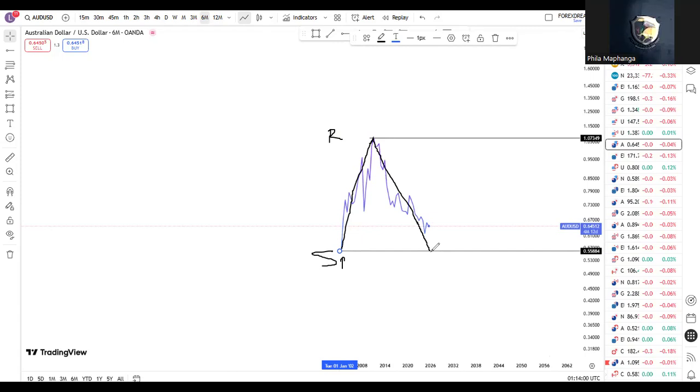Back to the support. So now, if you find yourself looking for opportunities, your opportunities must be based on a higher time frame. The information we get from higher time frame, which is 6 months, is that the market is going down. 6 months shows that we are pushing the market down, guys.